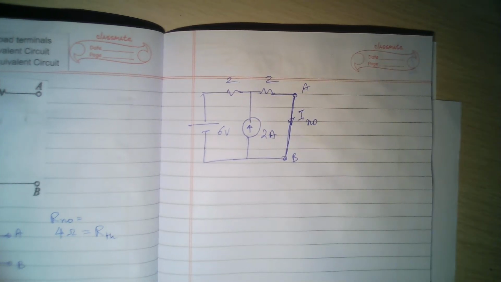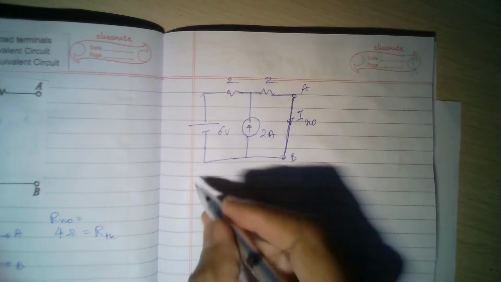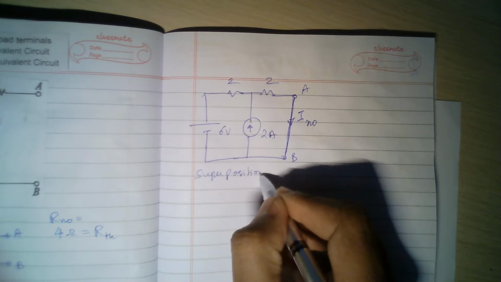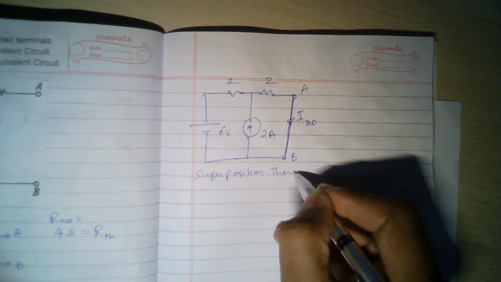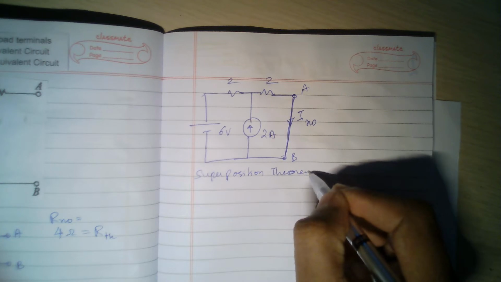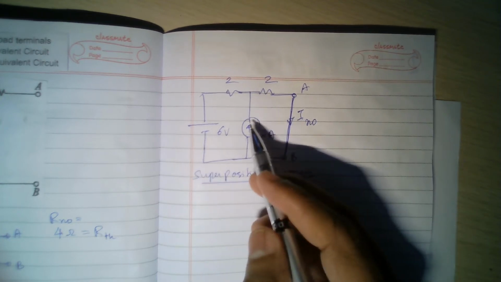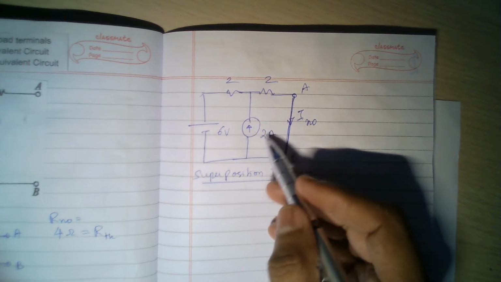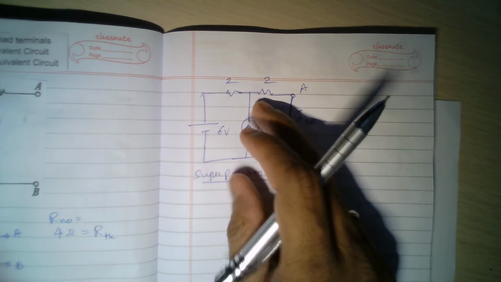There are several ways to find this, but let's simply use the superposition theorem. What does the superposition theorem say? First consider each source at a time. So first take the 6 volt source. In that case, this 2 ampere source, because it's a current source, gets open circuited.